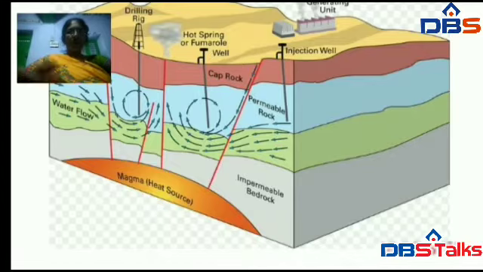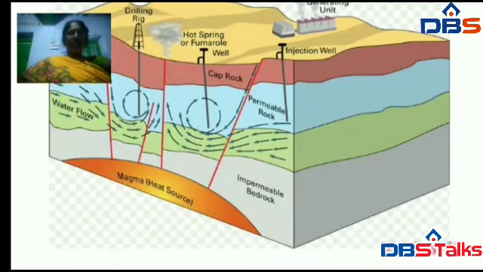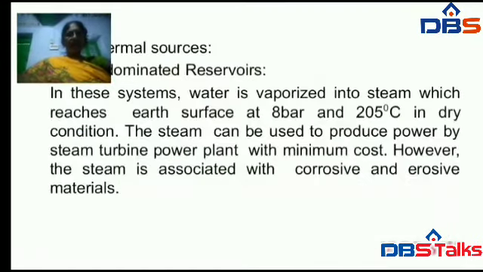Geothermal power plants are generally built where geothermal reservoirs are located within a mile or two of the surface, and geothermal heat pumps are used to stabilize the ground water temperature near the earth's surface. So basically this is the whole internal structure of the geothermal energy.